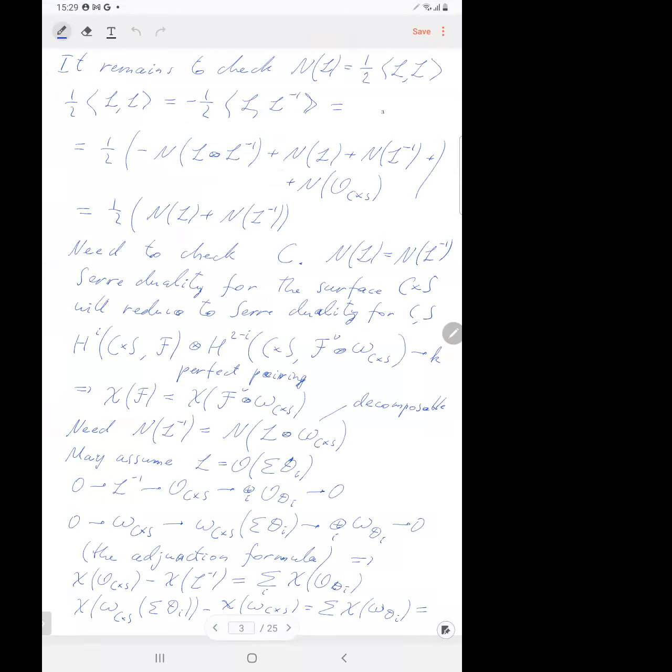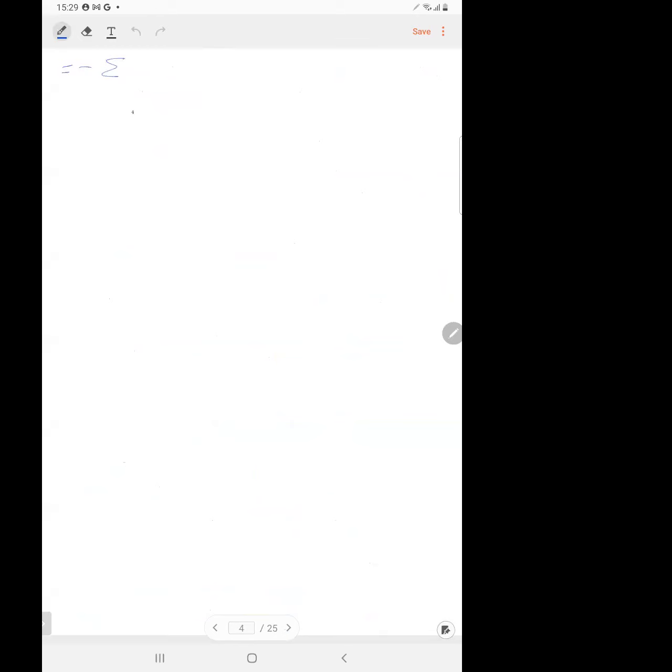So we take this second sequence. We write the Euler characteristics, and we get this equality at the bottom line, and using the Serre duality for the smooth curves D_i, we rewrite it as the negative sum of Euler characteristics of the structure sheaves. Okay, and this is what we need.